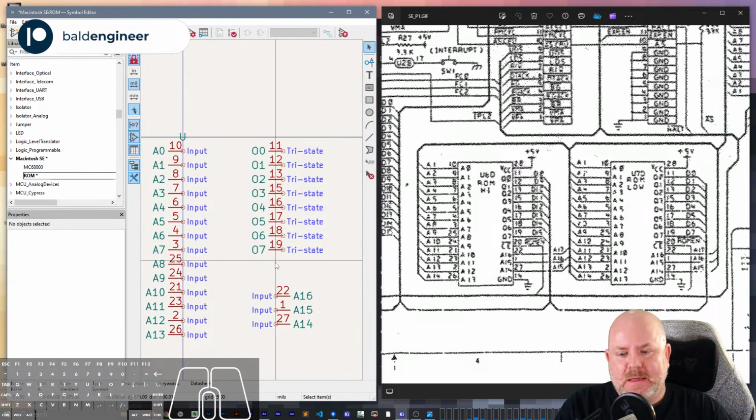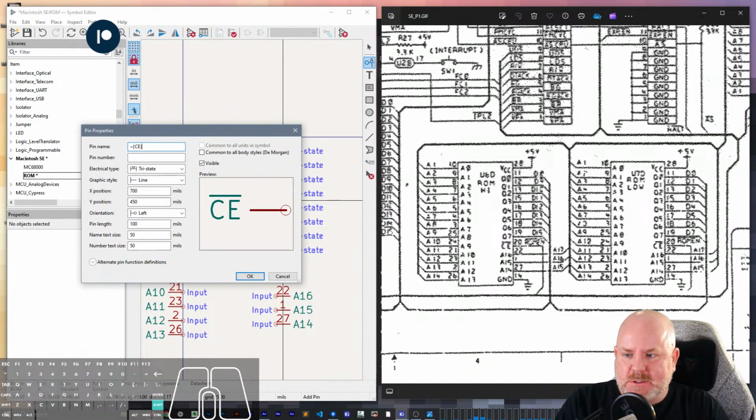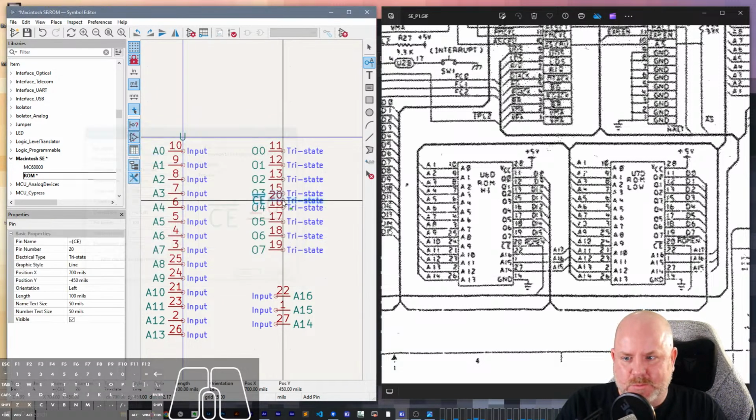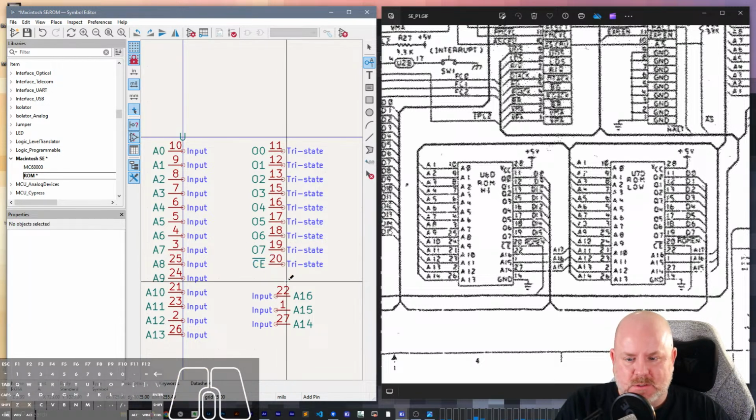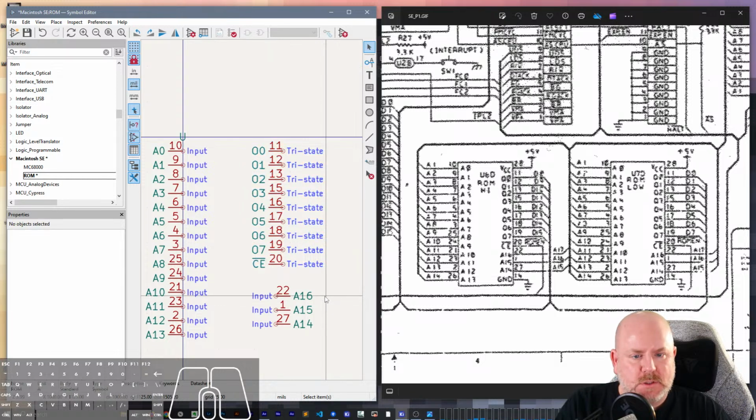Okay. So now we have another input. We'll do P for pin. It'll be chip enable, which I actually suspect is an output enable. Or internally they must be tied together or something, because you would normally leave chip enable just on, and then you would do output enable, right? I don't know. Maybe I misunderstand how those work.